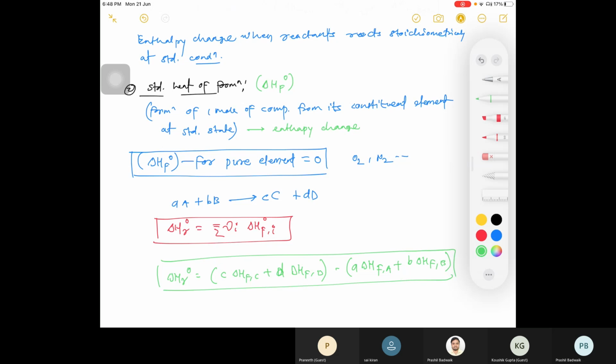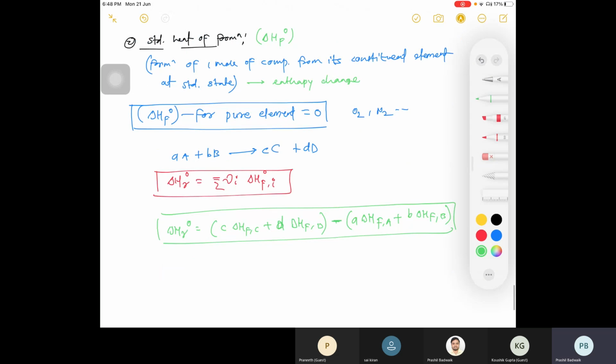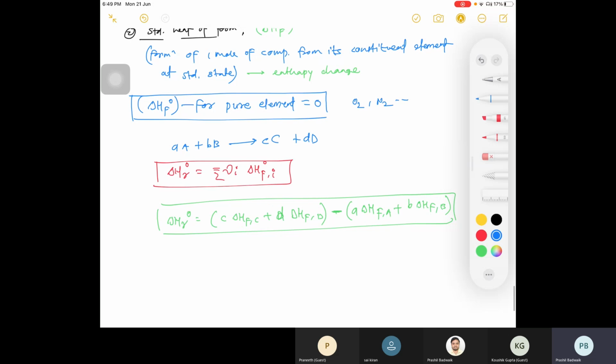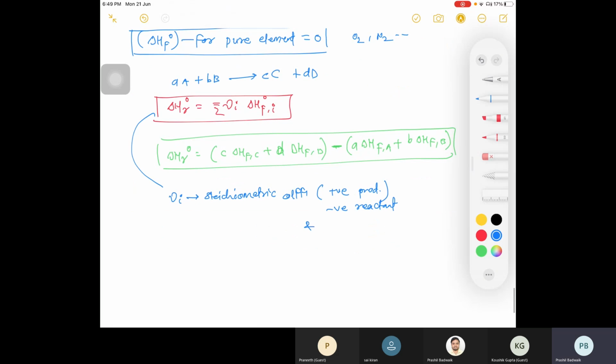Right? From this you can compare what nu i is. Nu i is your stoichiometric coefficient, that is positive for product, negative for reactant, and 0 for inert, right?